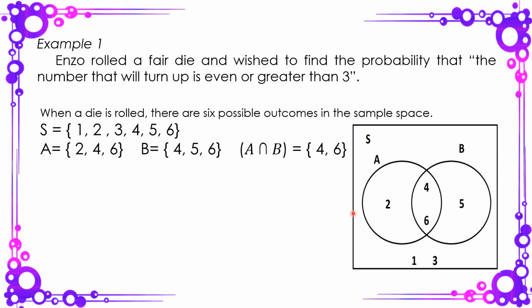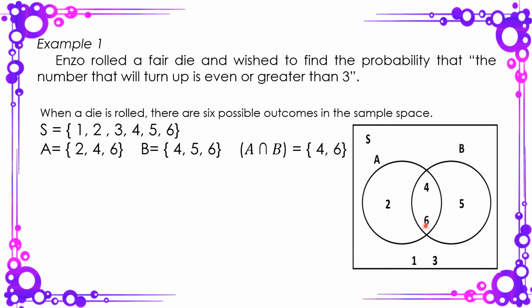And as you can see here on the right side, we have a Venn diagram. This is for event A, 2, 4, 6, and for event B, we have 4, 5, and 6.